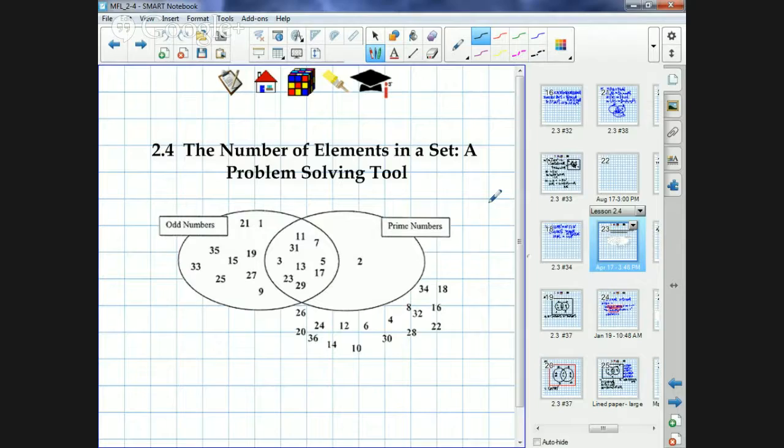And there's that word "and" again. Remember how we said "and" was intersection. So those numbers 11, 7, 31, 3, 13, 5, 17, 23, and 29 are the only numbers that are both odd and prime.